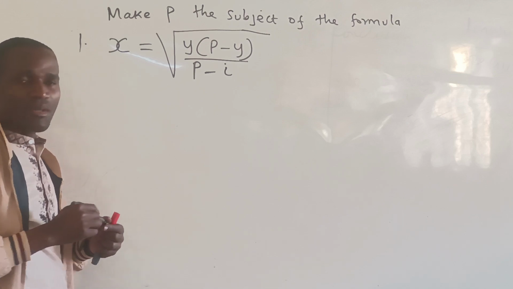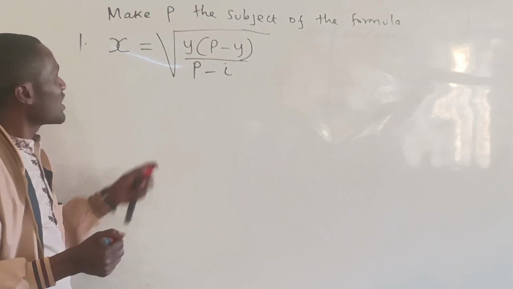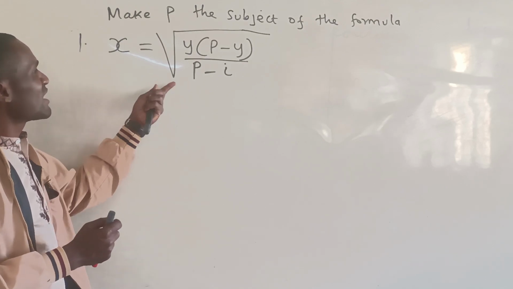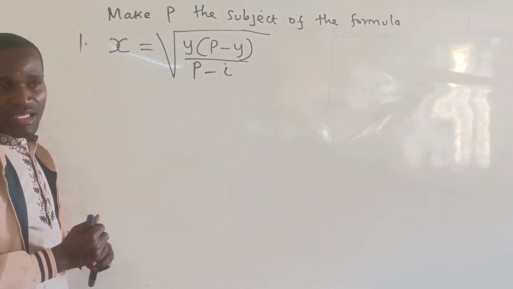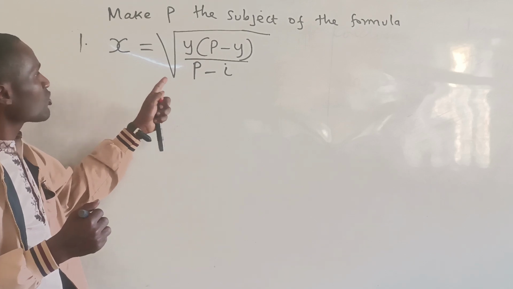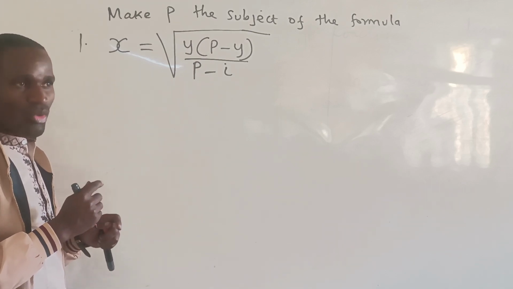So what are you supposed to do? In such a question, you are supposed first to remove any square root that appears in the formula you have been given. The only way you can remove this square root is by squaring on either side of the equal sign.